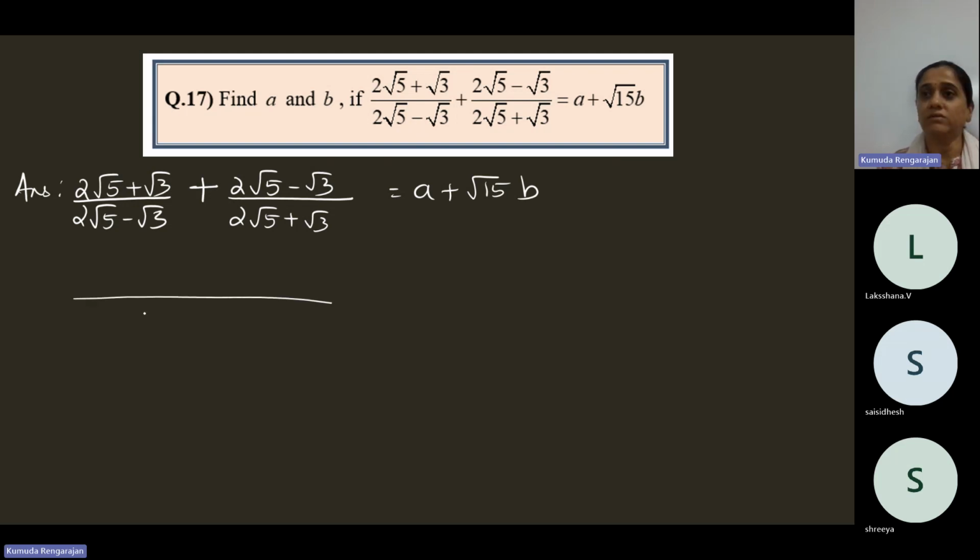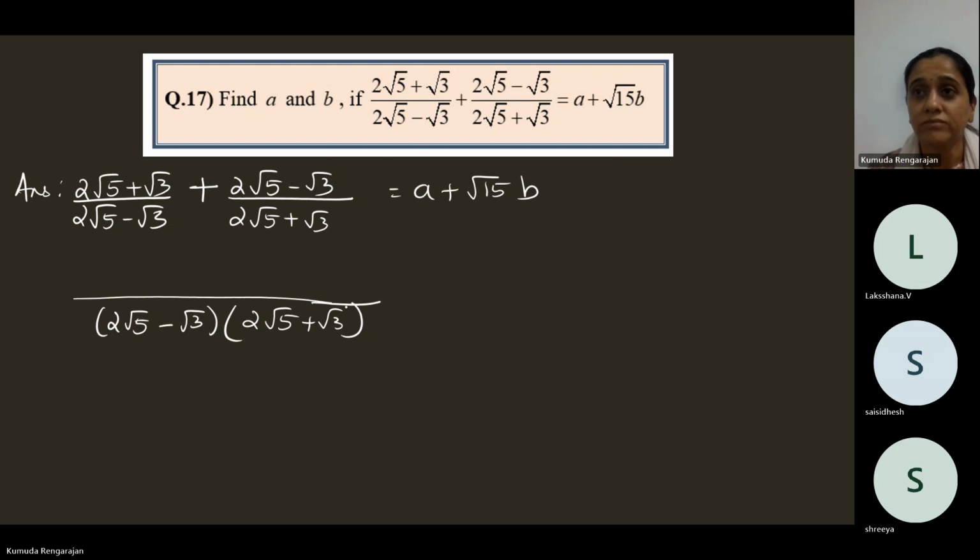What's the common denominator? Multiply the denominators here, not the conjugate. Whatever you see in the denominator, 2 root 5 minus root 3 into 2 root 5 plus root 3. That's the common denominator.